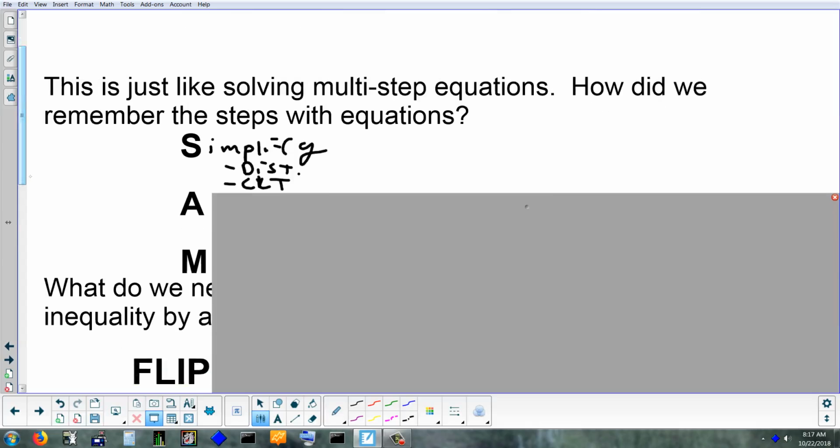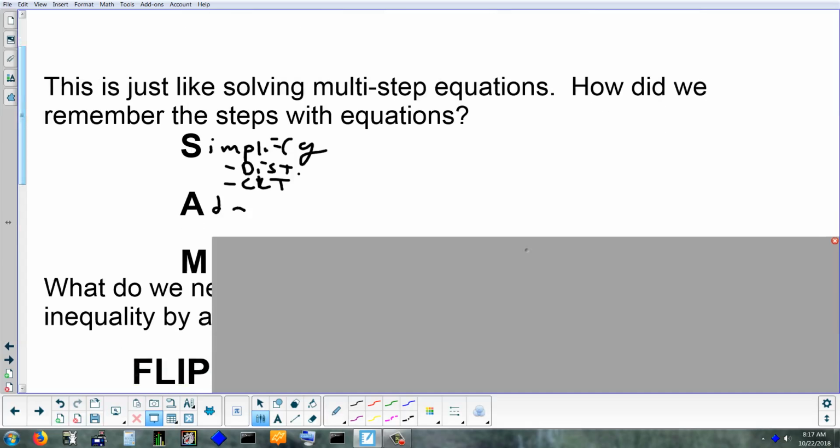All right. After we do that, what's the next operation we do after simplify? Yeah, if there's any adding or subtracting. All right, so if you've got something like that, that's a problem where you'd have to subtract.